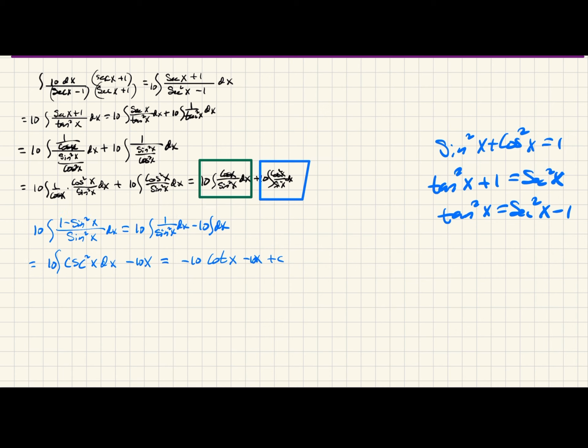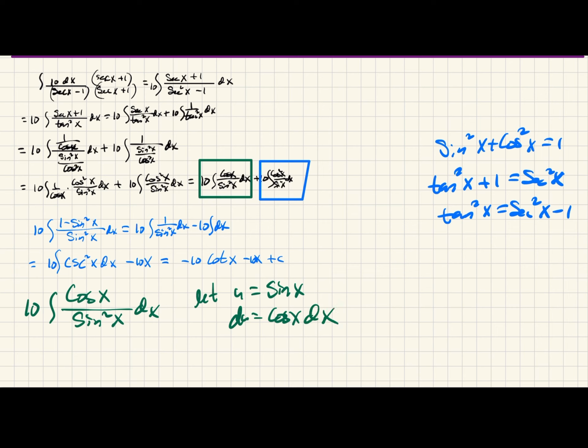Okay, so now 10 integral cosine x over sine squared x dx. I think what we're doing is we're going to say let u be sine x, then du is cosine x dx.